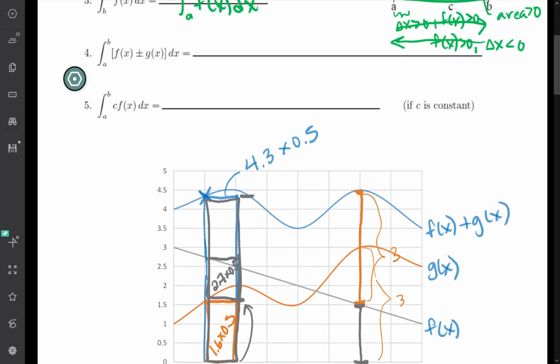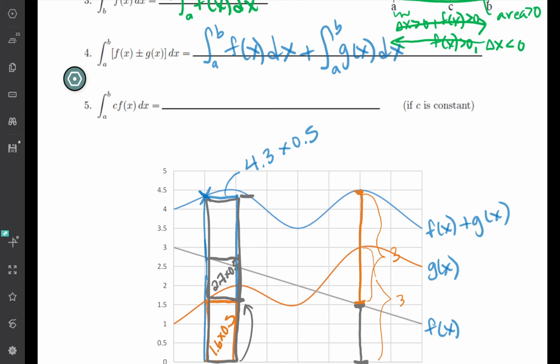So what the property is going to say is that if we're adding or subtracting, I drew the picture for adding, but same idea, and we want the area under the sum of the 2 functions, we could just find the area under one function and the area under the other function and add them up. So adding functions just stacks the areas on top of each other. So it's perfectly legal, and I think we've even kind of mentally done this, to split up integrals, plus or minus, over addition or subtraction.